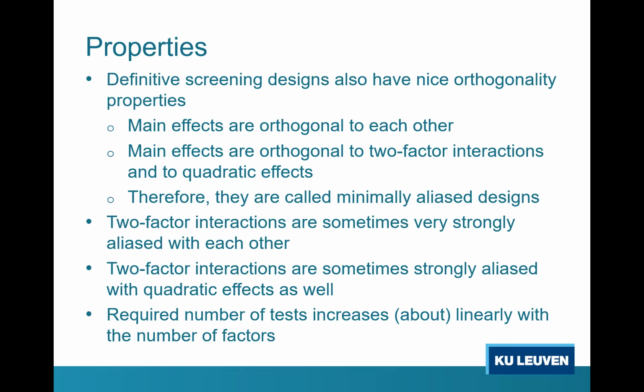So you can say that definitive screening designs are very economical experimental plans. By the way, if you would want to do a central composite design for 8 input factors, you would need at least 45 tests, which is substantially more, of course, than the 17 tests that you have to do according to the definitive screening design.